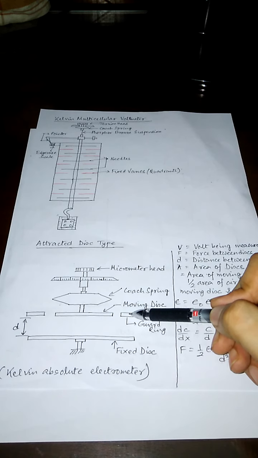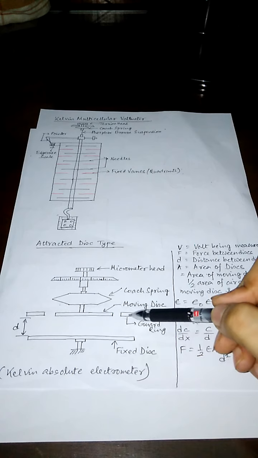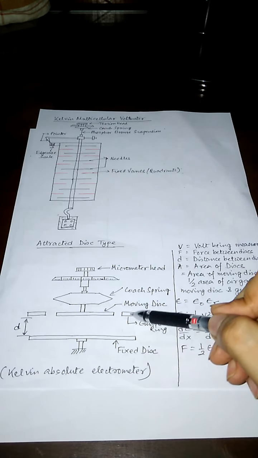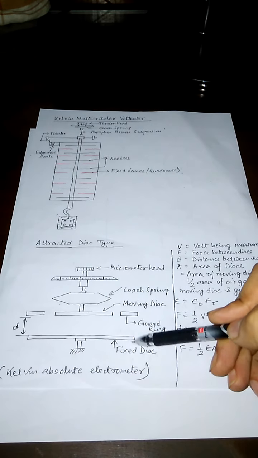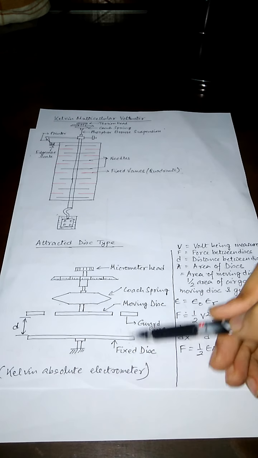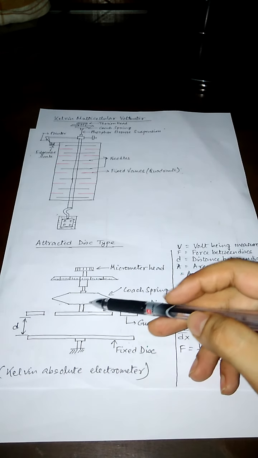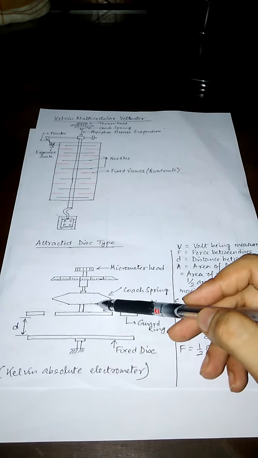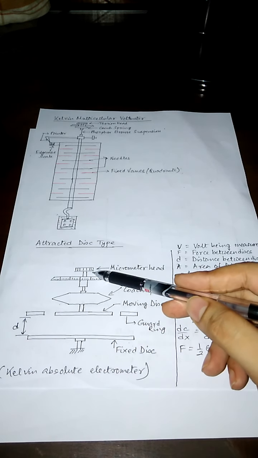The guard ring is used to reduce the fringing effects. There is also an air gap between the two. The voltage is applied between the fixed disc and the moving disc. A coach spring is also attached, and it is attached with a micrometer head.